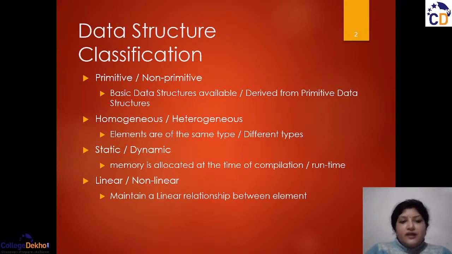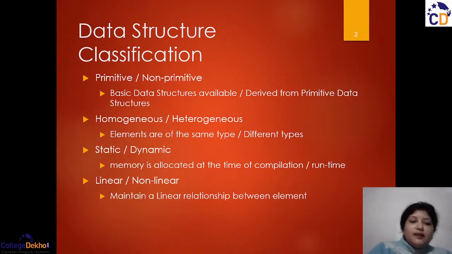Then we have static allocation and dynamic allocation. Whether the memory is allocated at the time of compilation or at runtime comes under static or dynamic allocation of data. Then we have linear structure or non-linear structure. Basically, it maintains a linear relationship between the elements, right?